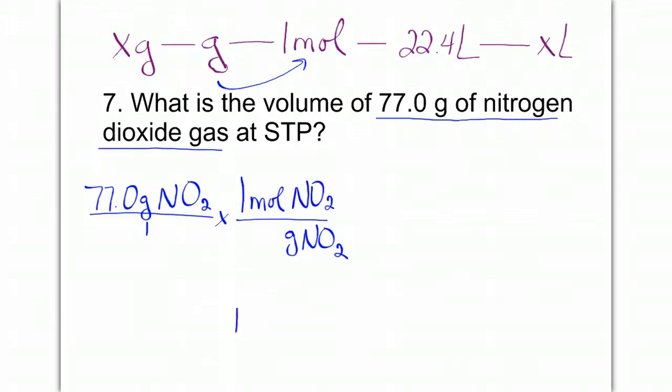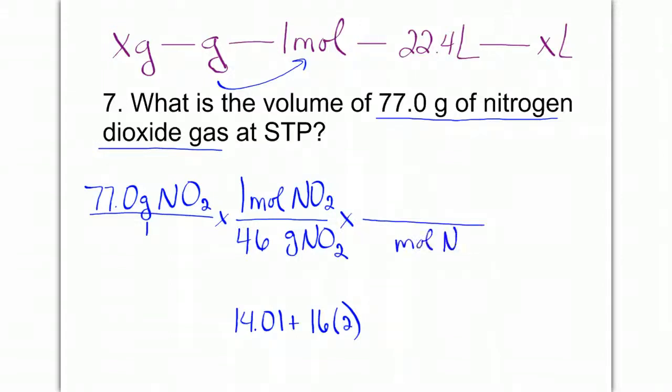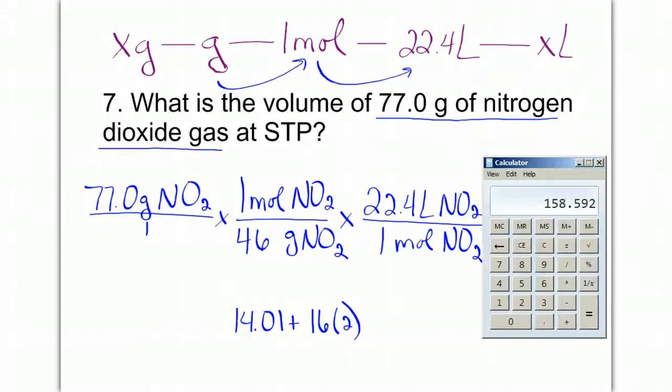Nitrogen dioxide is going to be 14.01 plus 16 times 2 which is going to equal 46. Times, draw a line, bring down moles of NO2, and from moles we can go to liter. 1 mole equals 22.4 liters of NO2. When we calculate our answer, you get 77 divided by 46 times 22.4, and that gives you 37.5.